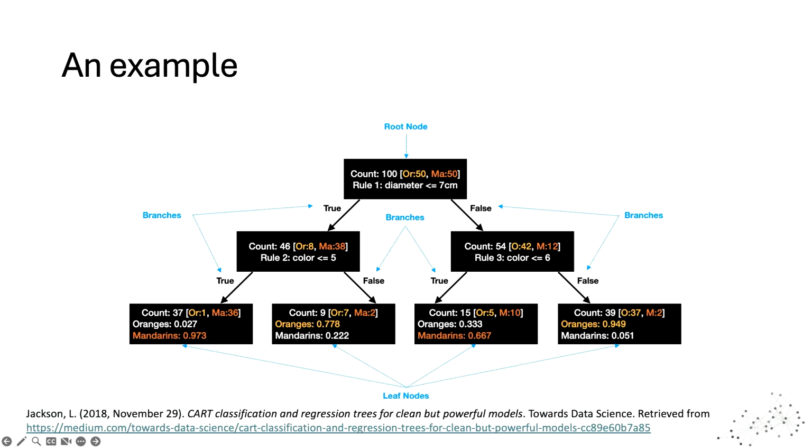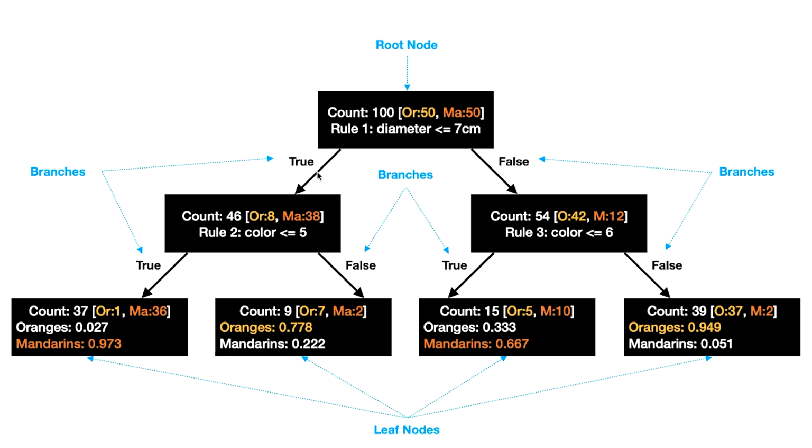So let's look at another example, where you can see what the root node is, what the branches are, and what the leaf nodes are. We have 2 classes, oranges and mandarins, and there are conditions based on which the data is divided.